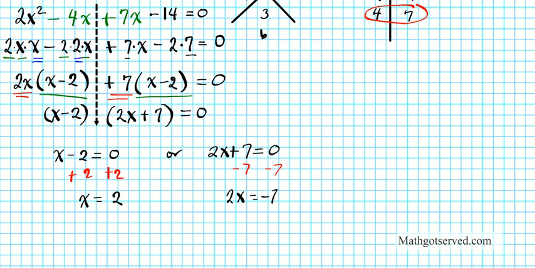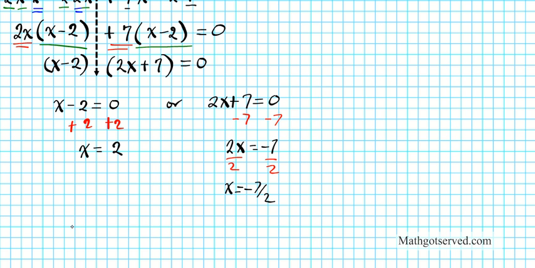And then divide by 2, both sides. Divide this by 2, and divide that by 2. And that gives you x equals negative 7 over 2. So our solutions are x equals 2 or x equals negative 7 over 2. So those are our solutions, all right?